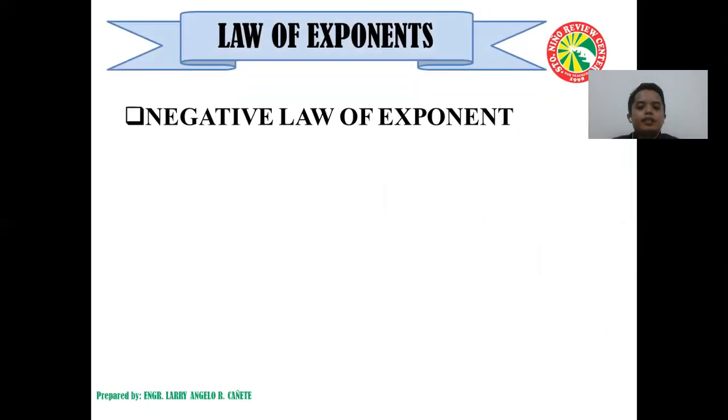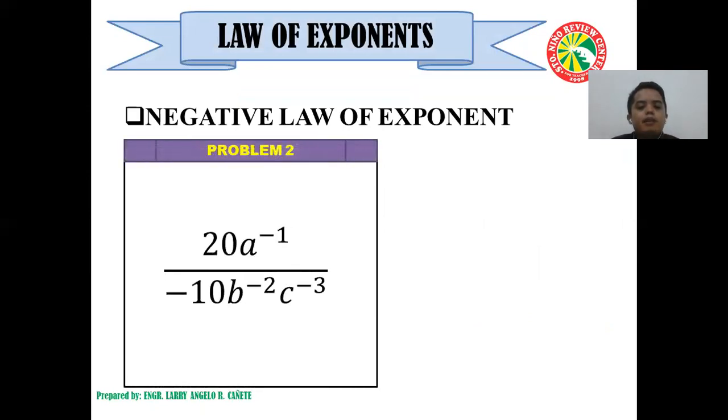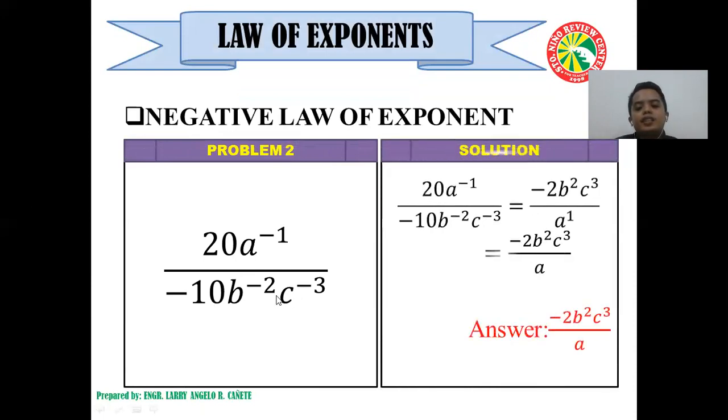For the next law of exponent, that is problem number 2: 20a to the negative 1 all over negative 10, b to the negative 2, c to the negative 3. So you can simplify by doing this.